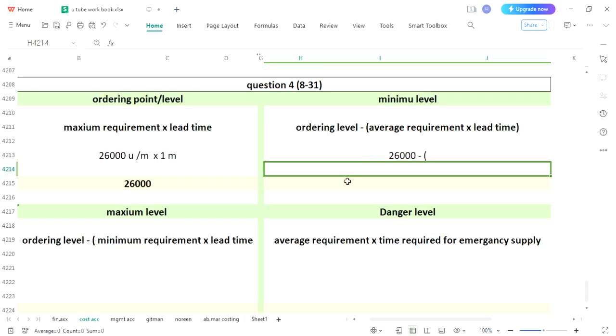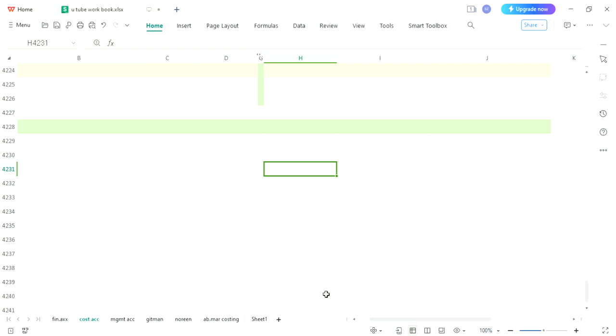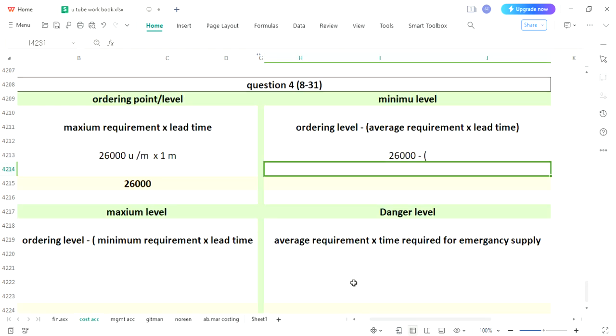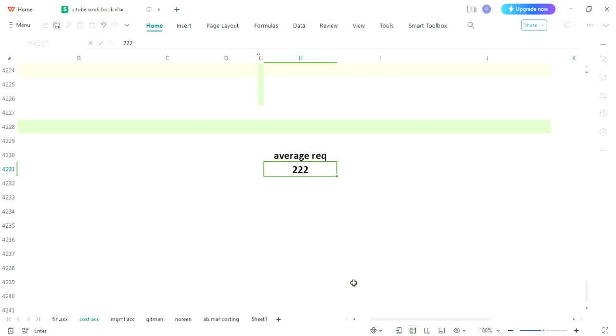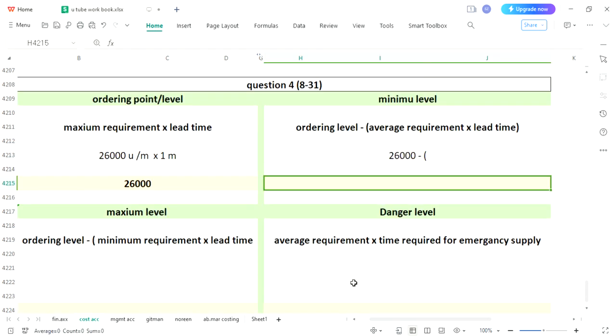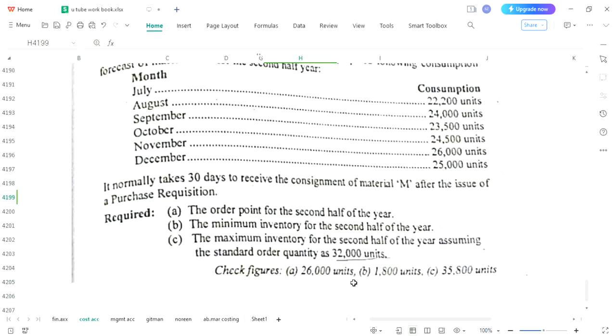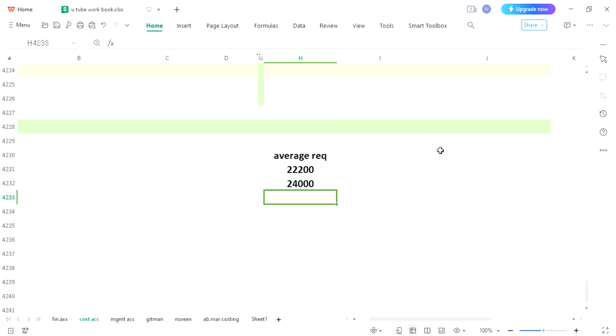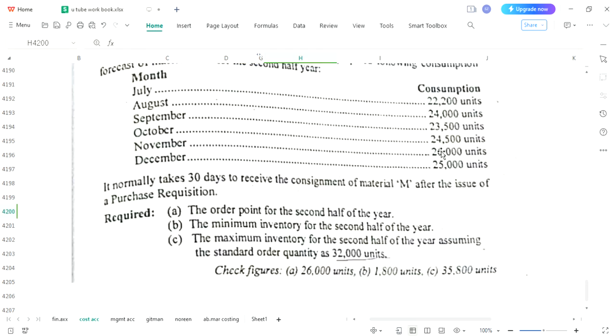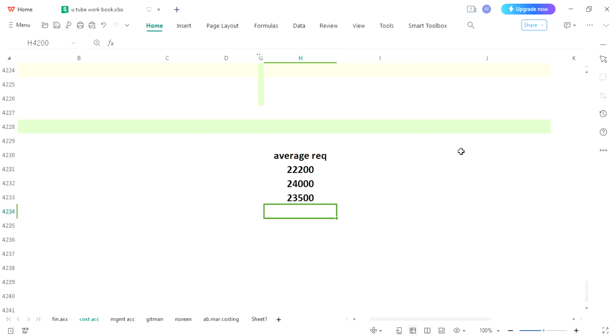Let's calculate the average requirement over here. As I have told you, you will be adding all amounts present here. First amount is 22,000. Then the next amount is 24,000. Next amount is 23,500, and our next amount is 24,500.